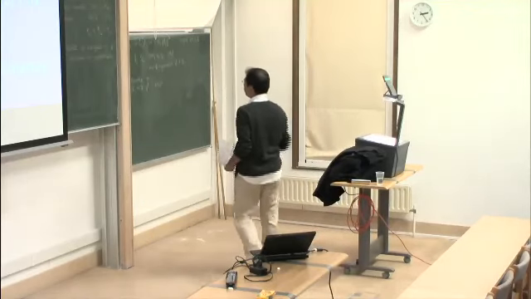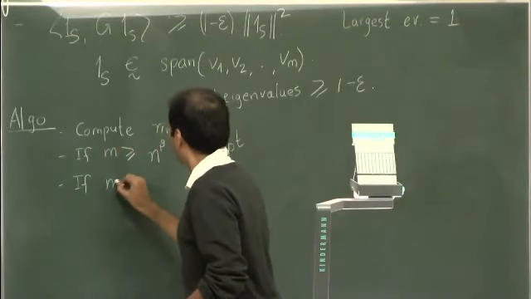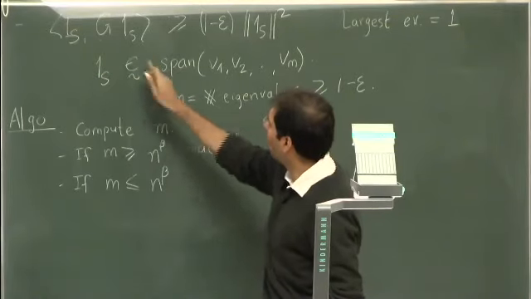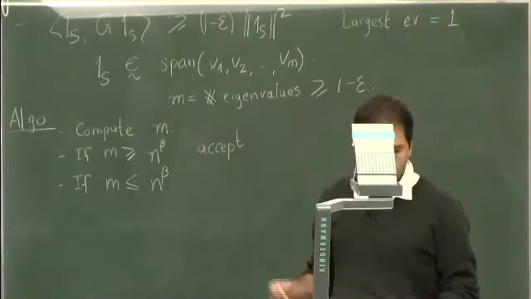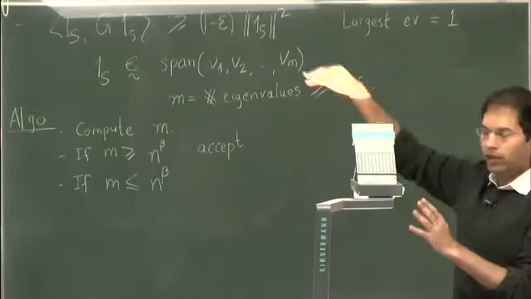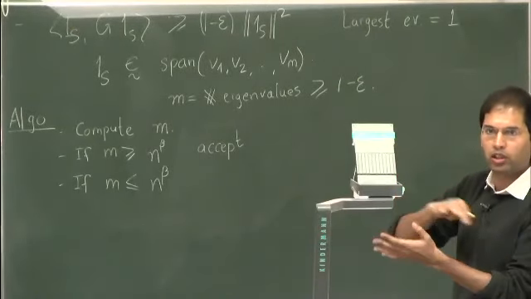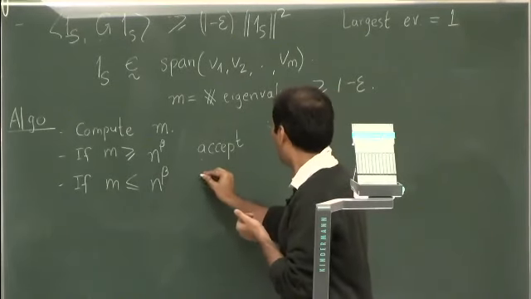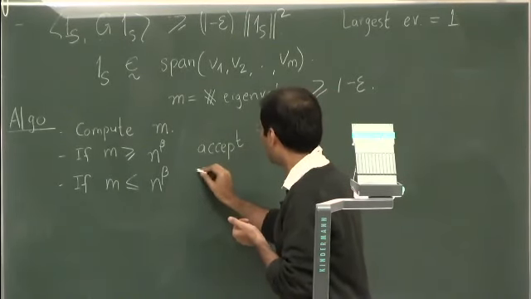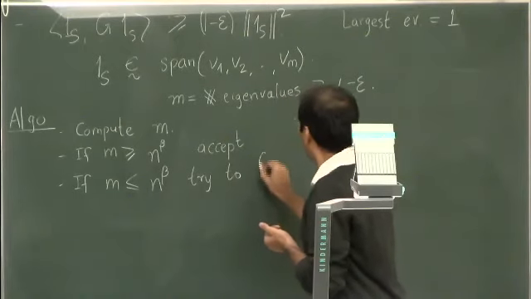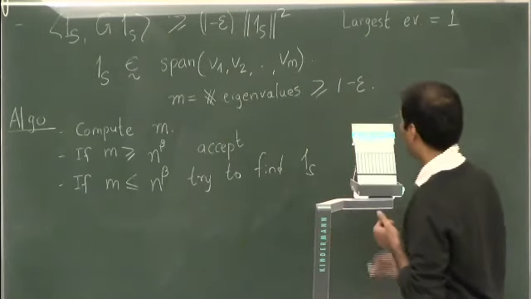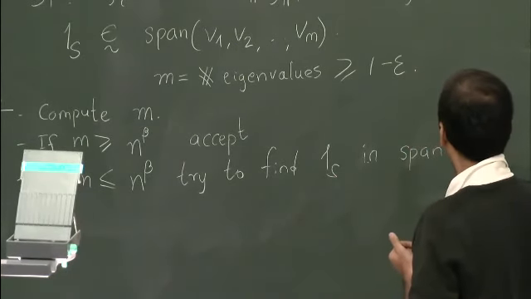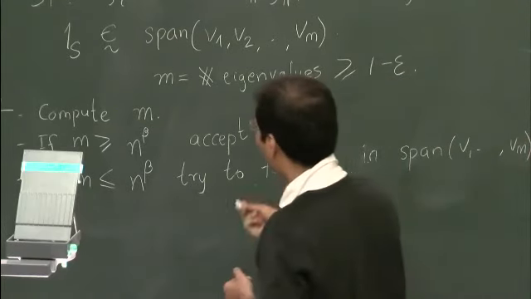And if m is less or equal to n to the beta, I know that the vector that I am looking for is in the linear span of these vectors. This linear span is a subspace. I discretize it and do a brute force search on this subspace. So if m is less or equal to n to the beta, try to find this 1 sub S in the span of v1 through vm. If you find it, then accept, otherwise reject.